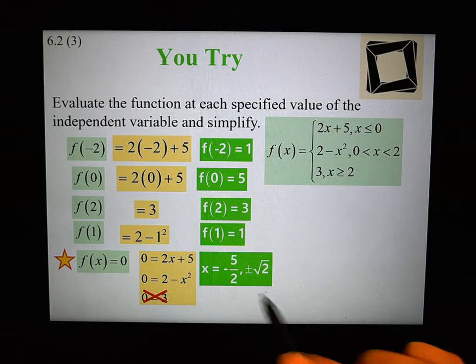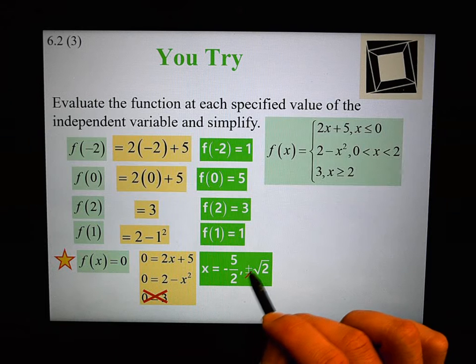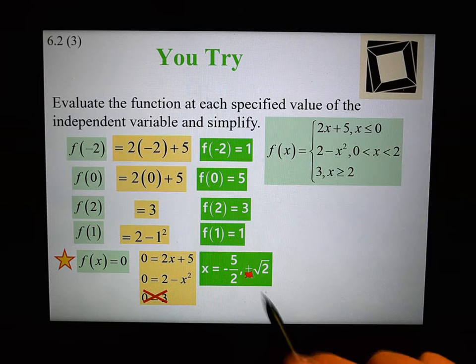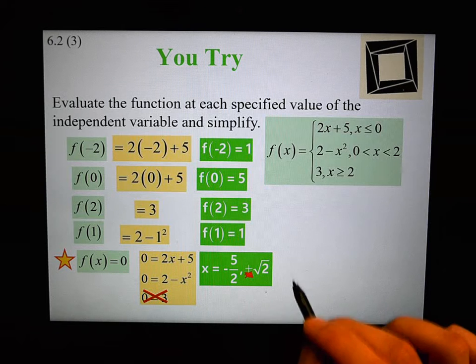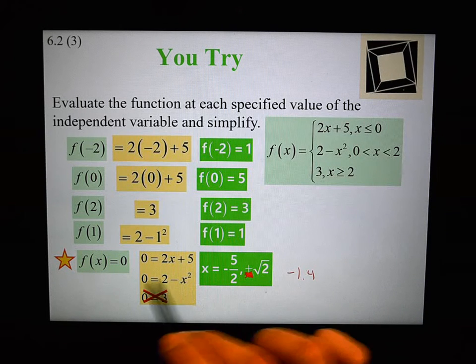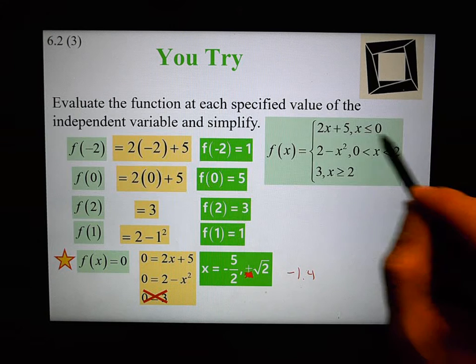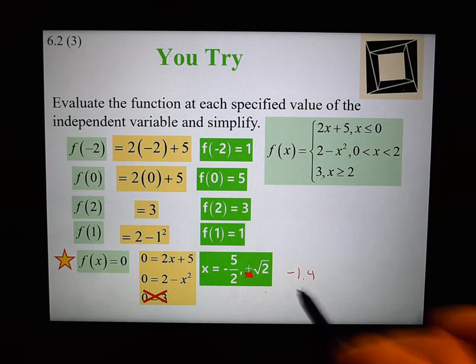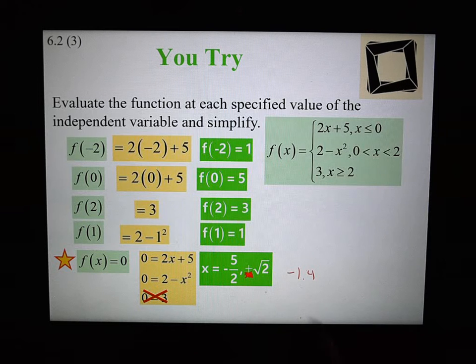This should not be here. This negative symbol should not be here, should it? If it was negative, it would be negative 1.4. And we can't get 0 unless we use this for negative 1.4, and that is not the same thing. So we should only have the positive there. There's a mistake in your notes.